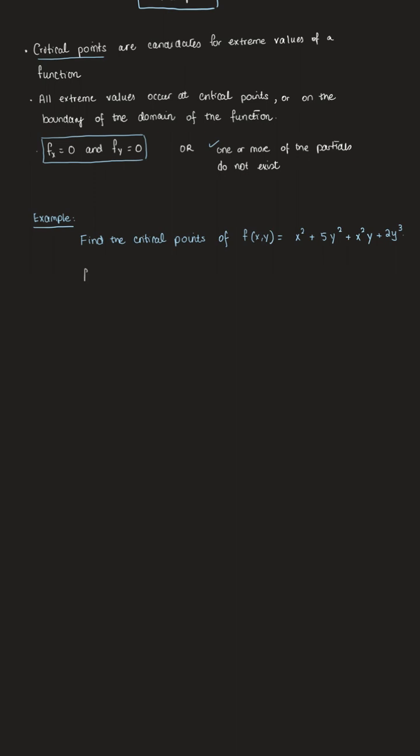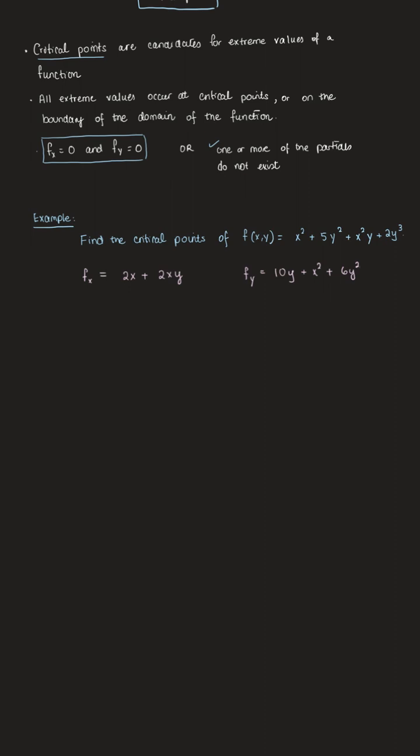So we'll find the partial with respect to x is going to be 2x, we're holding y constant, 2x plus 2xy. And the partial with respect to y will be 10y plus x squared plus 6y squared.